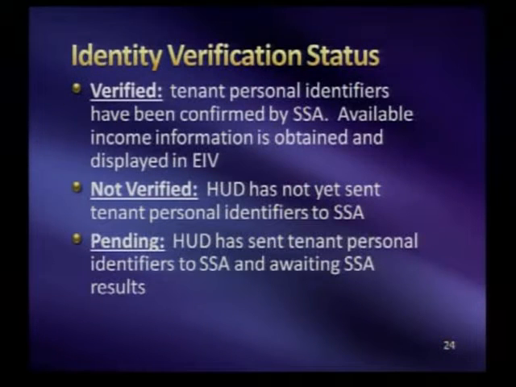Pending verification. Now you all should know what pending verification means by now because you've been seeing it for the last 5 or 6 months. But in case you don't recall, pending verification means just that: HUD has sent the tenant personal identifiers to SSA and we're awaiting the results back from SSA. Once those results are obtained from SSA, then EIV is updated.